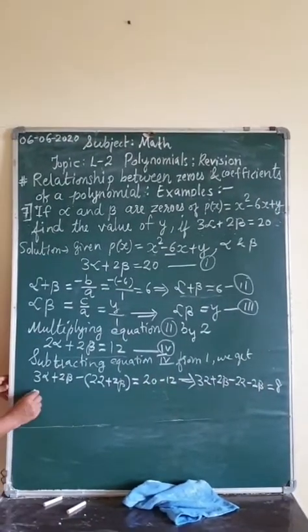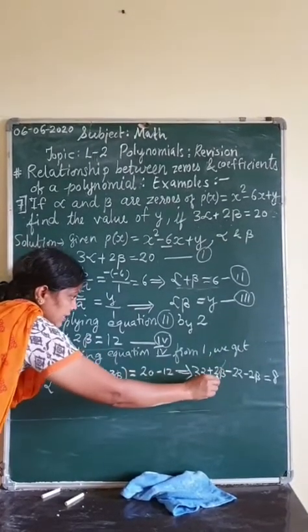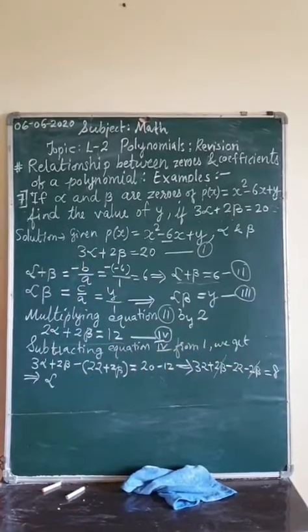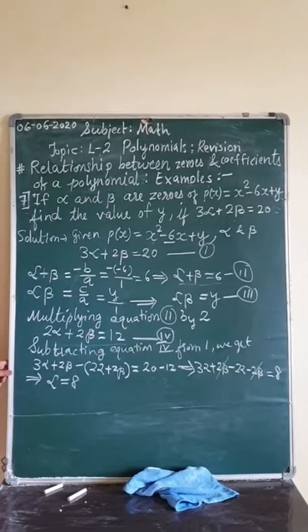So finally we get alpha, as here we are cancelling plus 2 beta with minus 2 beta. So what we get over here is LHS alpha. Alpha is equal to 8.